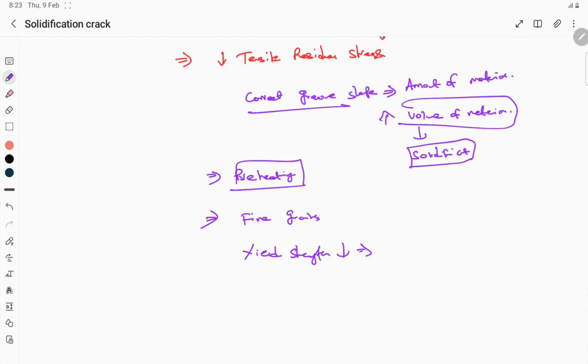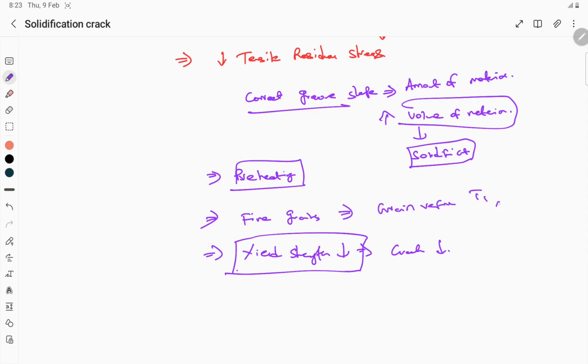If the yield strength is a little less, then the possibility of solidification crack formation is also less, because when selecting the filler material, we should try to select it in such a way that the overall yield strength after welding is as low as possible. That is another important factor. To get fine grains, you can go for grain refinement techniques like using titanium, vanadium, zirconium. All these things we can apply to prevent the formation of solidification crack.